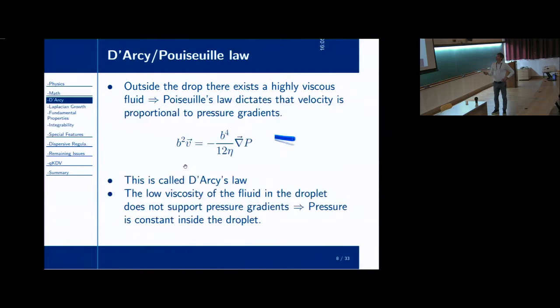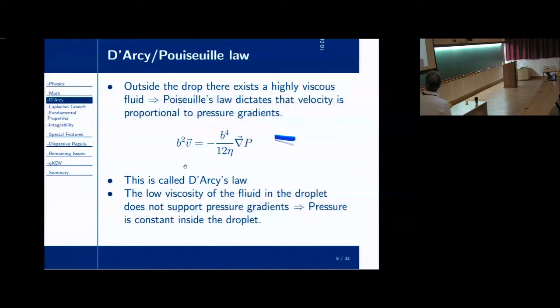This is the same law that we have for this Laplacian growth, which in this context is called Darcy's law, which states that the velocity of the fluid is proportional to the gradient of the pressure. So the velocity is the gradient of the pressure field, and this will be important for the sequel.